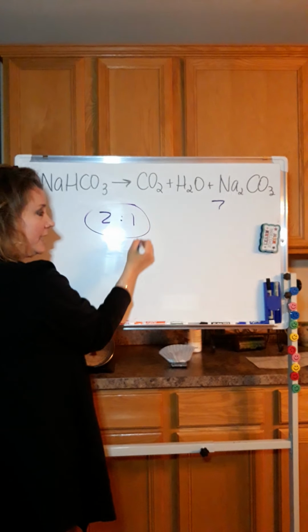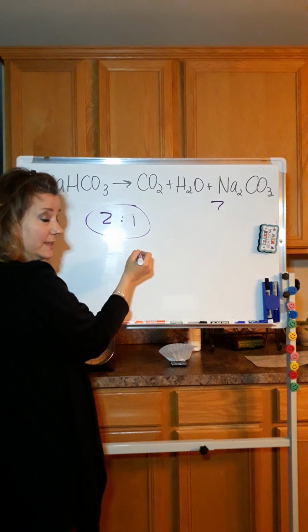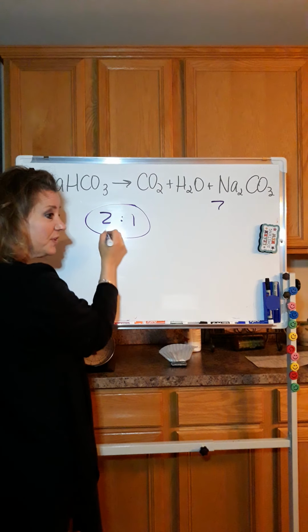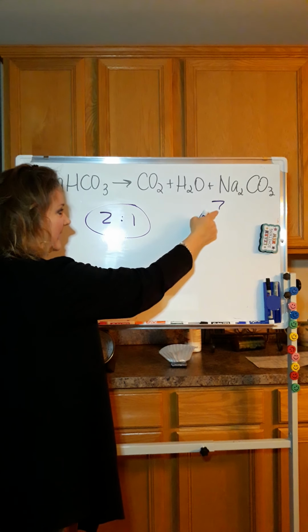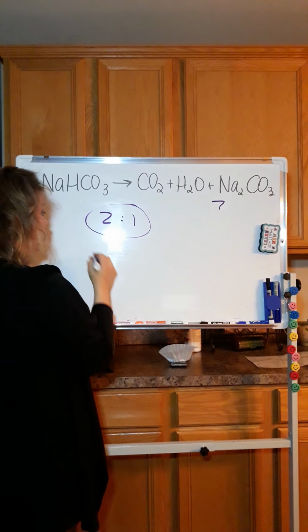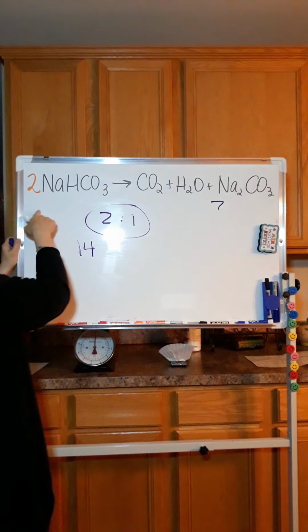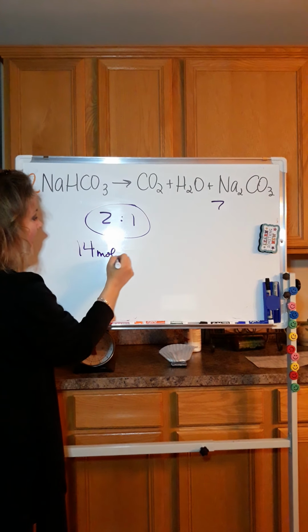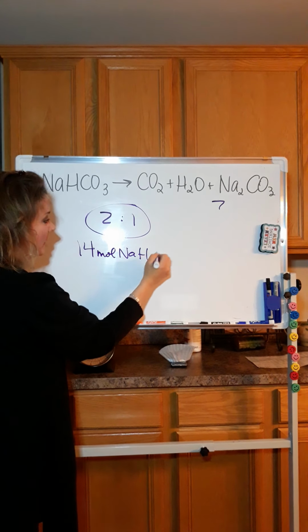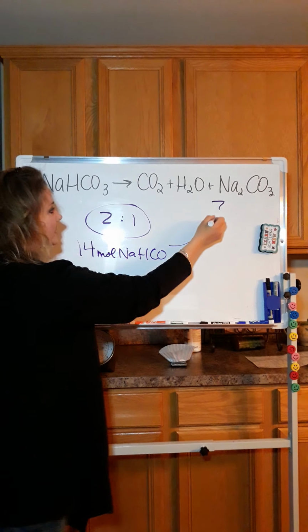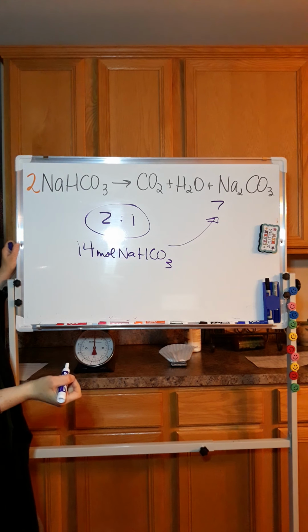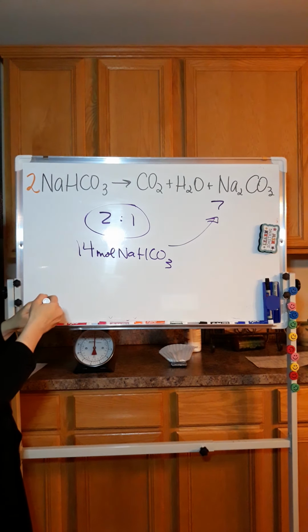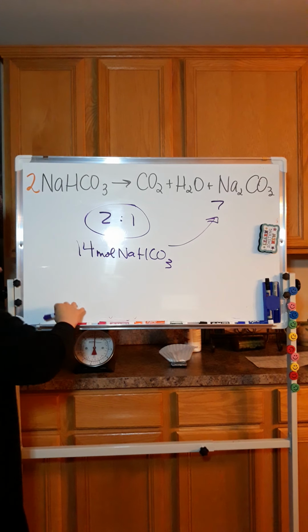But according to my mole ratio, however much sodium carbonate I want, I need to start with double the amount of sodium bicarbonate. So what's 7 times 2? Well, that's 14. So that means we should start out with 14 moles of sodium bicarbonate in order to end up with 7 moles of sodium carbonate. So again, this is the logic method of solving that problem.